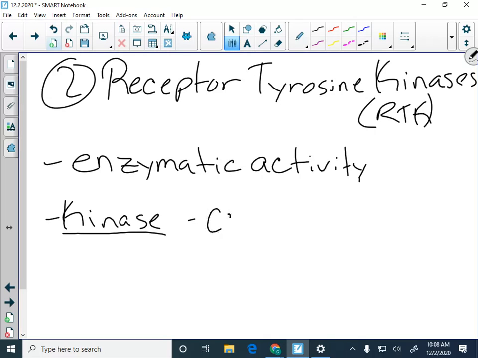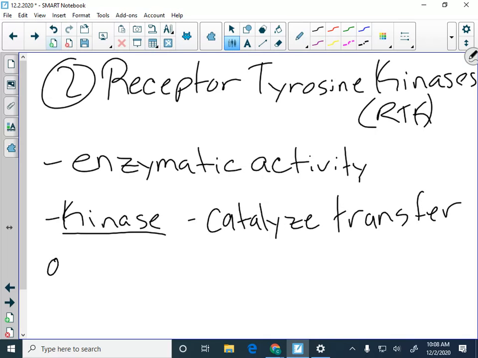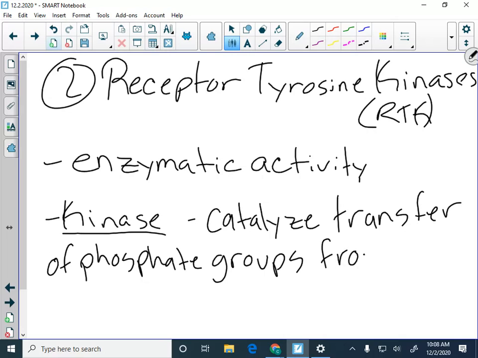Kinases catalyze transfer of phosphate groups from ATP to other proteins.